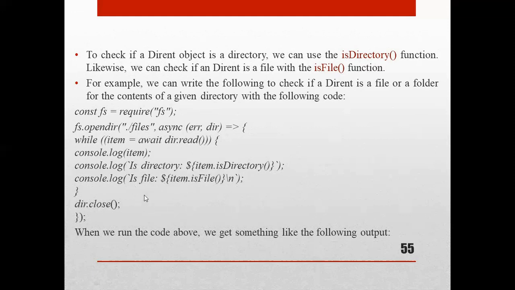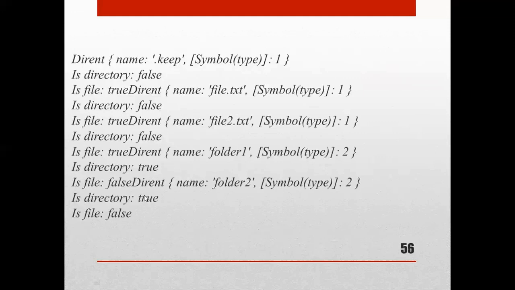If we run this code, what will it give? After checking the dirent name of that file, it will check if it is a directory. No, it is not a directory, so it will return false. Is file? It is true. Next one is the dirent name file.txt. Is it a directory? No, it will give false. Then is file? Yes, it is a file, so it will give true.